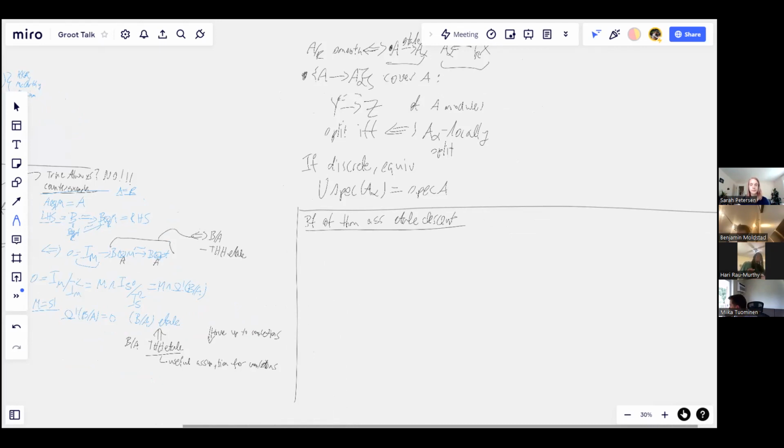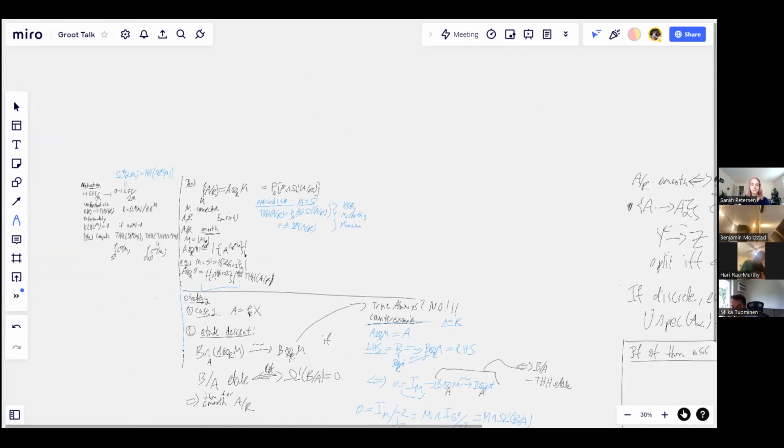Okay, so I have my theorem for polynomial algebras.